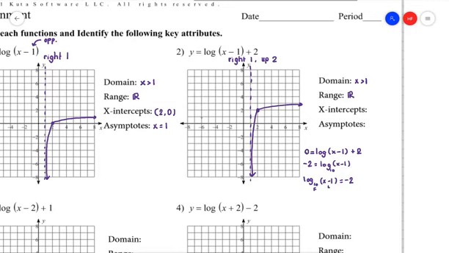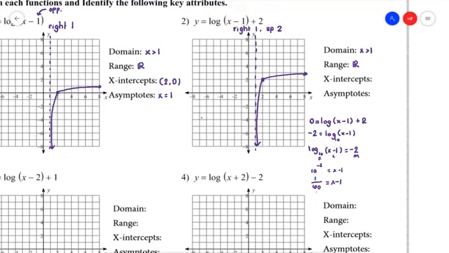First, last, middle. 10 to the negative 2 power equals x minus 1. 10 to the negative 2 would be 1 over 10 squared. So 1/100th equals x minus 1. And 1/100th plus 1 is equal to x. So my x-intercept would be 1.01, 0. Then the asymptote moved 1 to the right, so it is x is equal to 1.